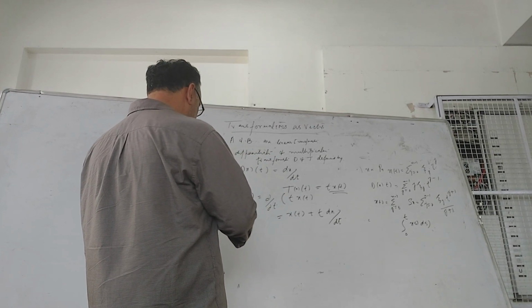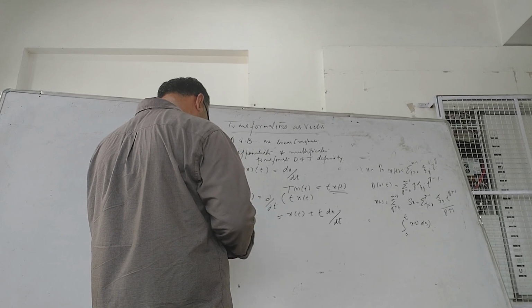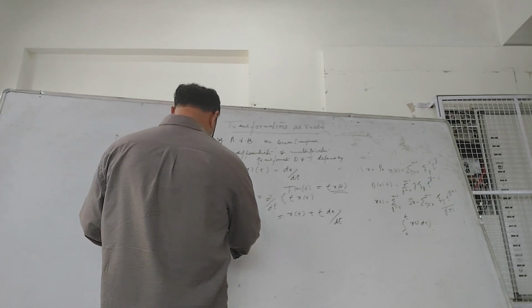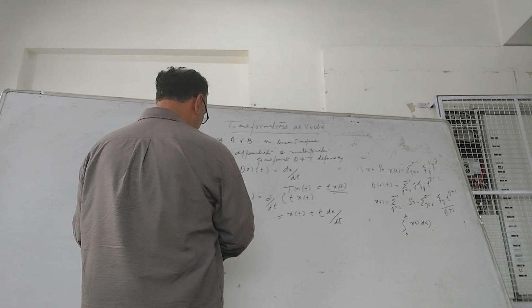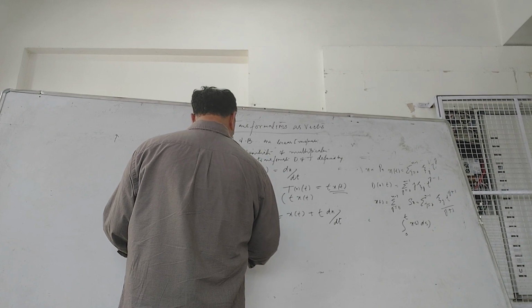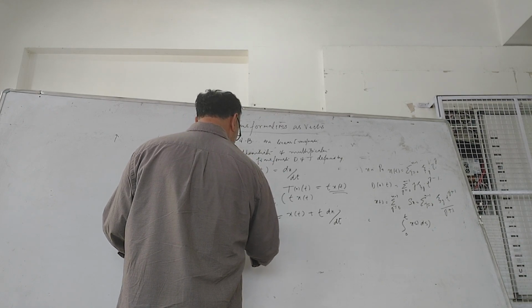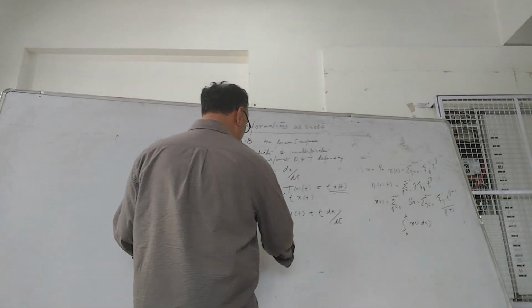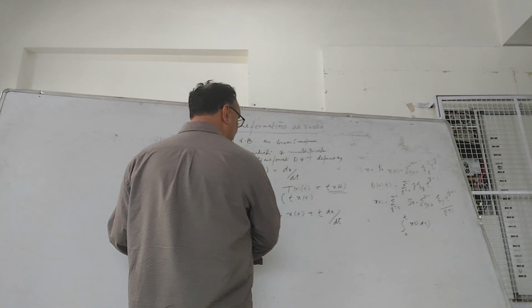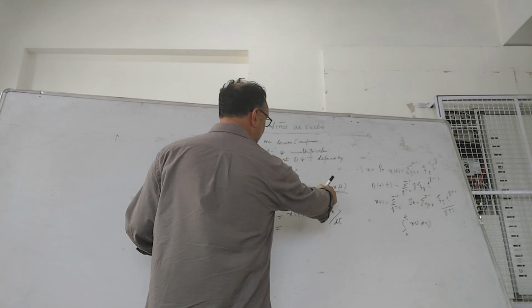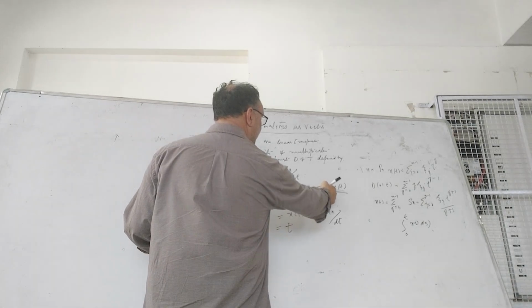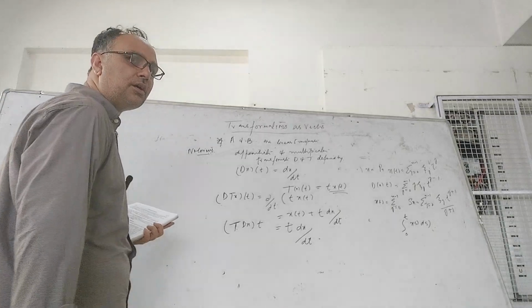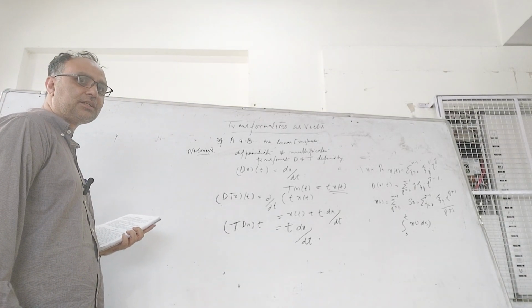Now we operate T of D of x of t. So it will be t dx by dt. Is it okay?